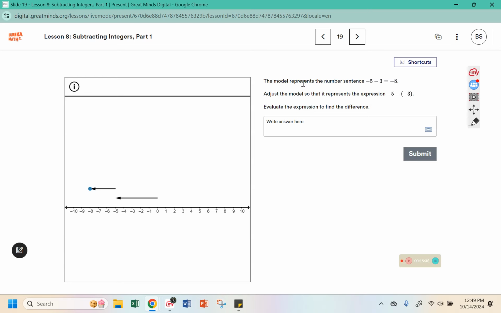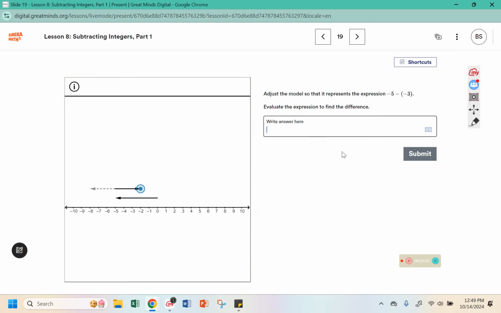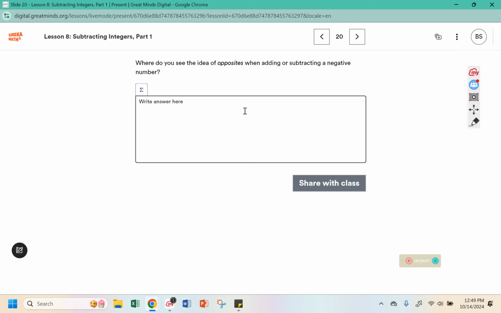This model represents the number sentence -5 minus 3 is -8. Adjust it so it says -5 minus -3. That means change it to the opposite. So we're going to go to the right instead. Evaluate the expression to find the difference. We ended up at -2. Where do you see the idea of opposites when adding or subtracting a negative number?